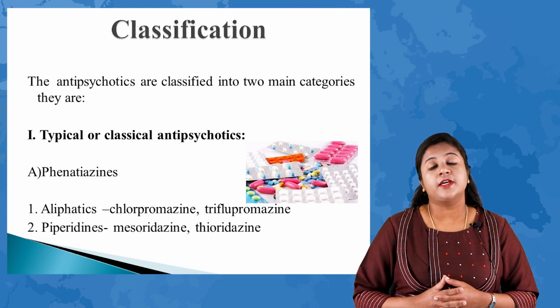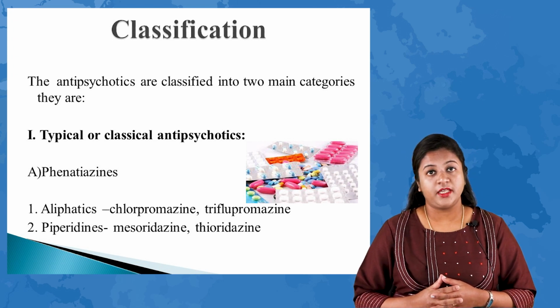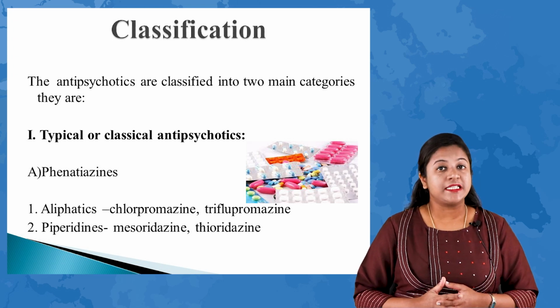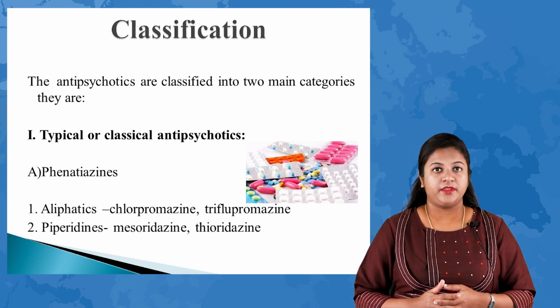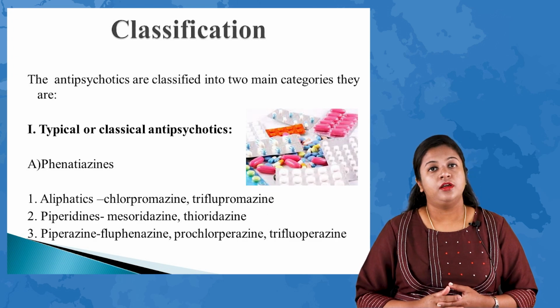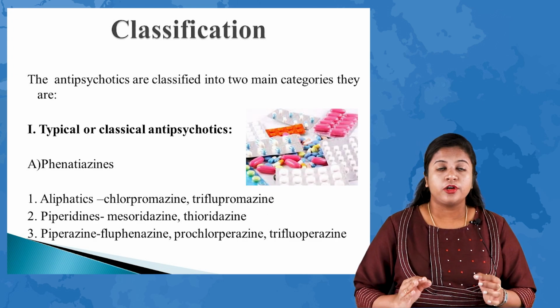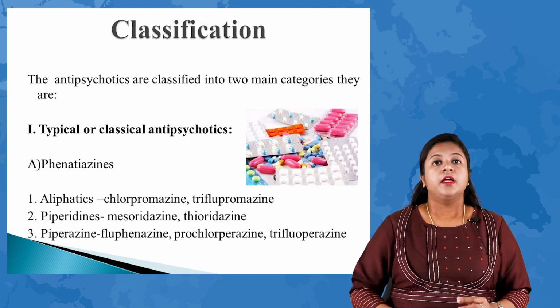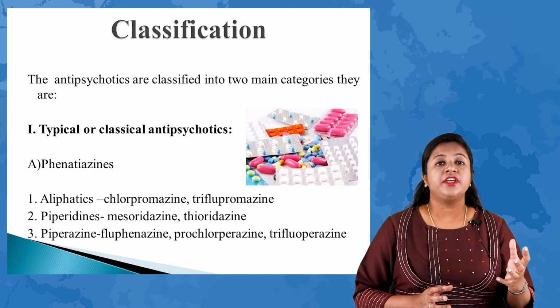The second phenothiazine group of drugs is the piperidines, examples mesoridazine and thioridazine. The third one is piperazine, examples fluphenazine, prochlorperazine and trifluoperazine. That was about the phenothiazines.